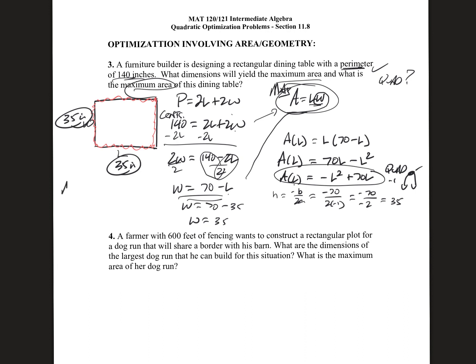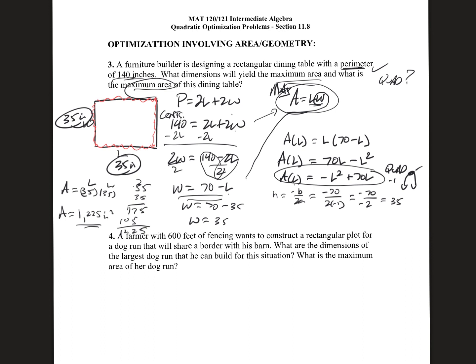So what's my area? It's 35 times 35, length times width. Doing some math here, 5 times 5 is 25, carry the 2, that gives us 17. 3 times 5 is 15, carry the 1. So it looks like the area is 1,225 inches squared.